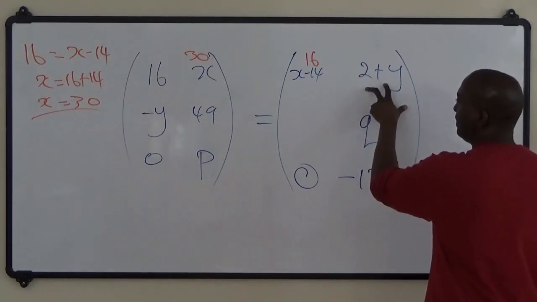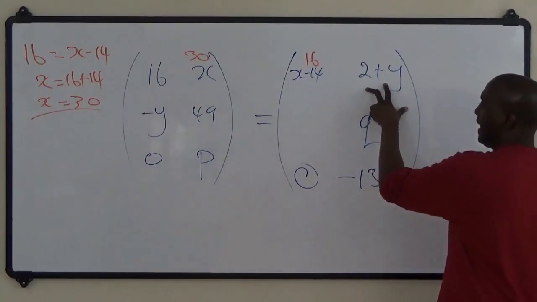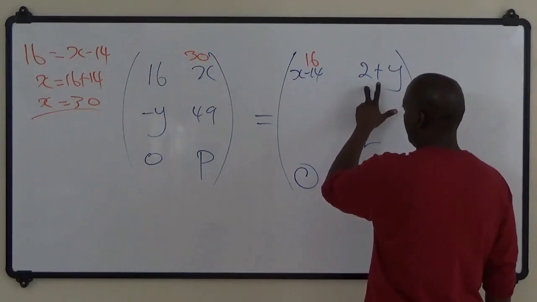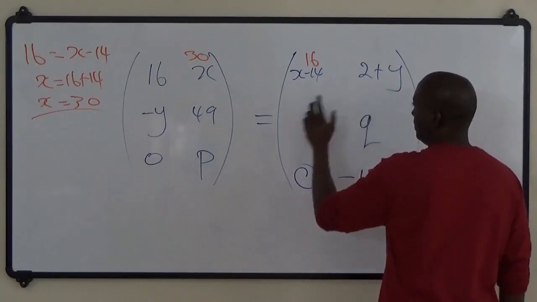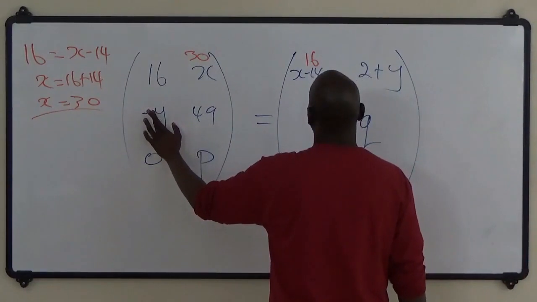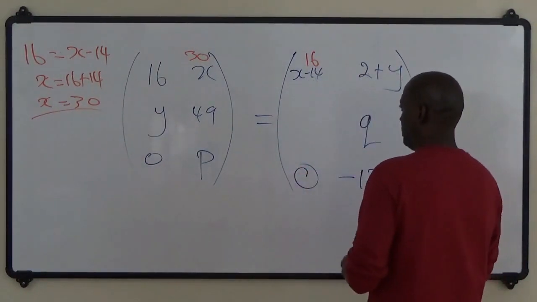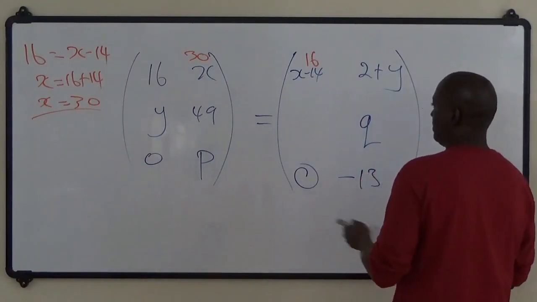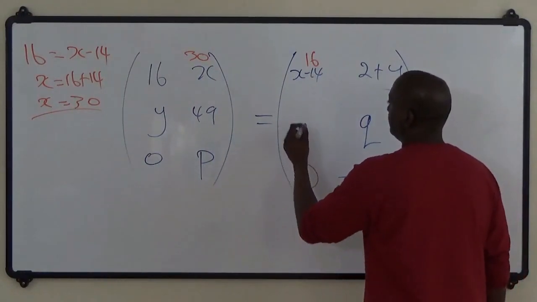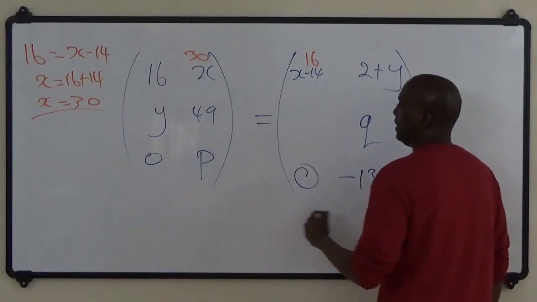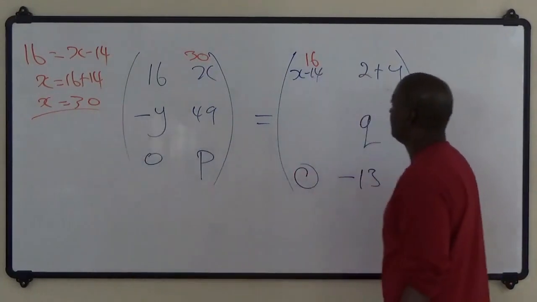So I could use that to find y, and when I find y, I could put y here. Just to make the thing consistent. There, minus y. Let me leave that there.